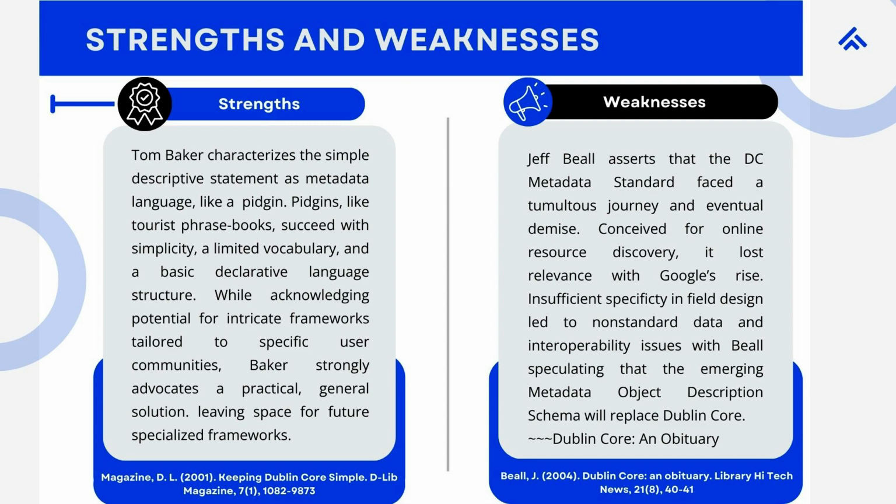While Baker applauds Dublin Core's simplicity, Beal sees its demise. This mirrors views often highlighted in discussions about standards, where what one perceives as a strength, others may view as a weakness, highlighting the dynamic and contextual nature of the Dublin Core.